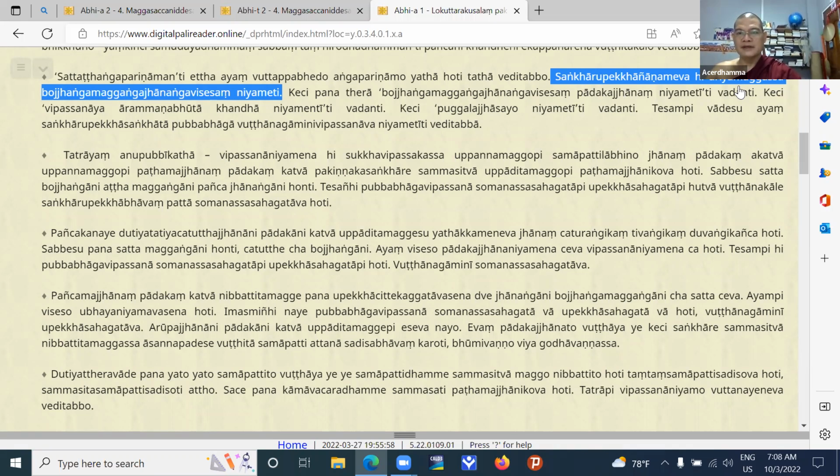So related to the ariya magga, the number of the factors will be determined by saccavibhaṅgo jnana only.